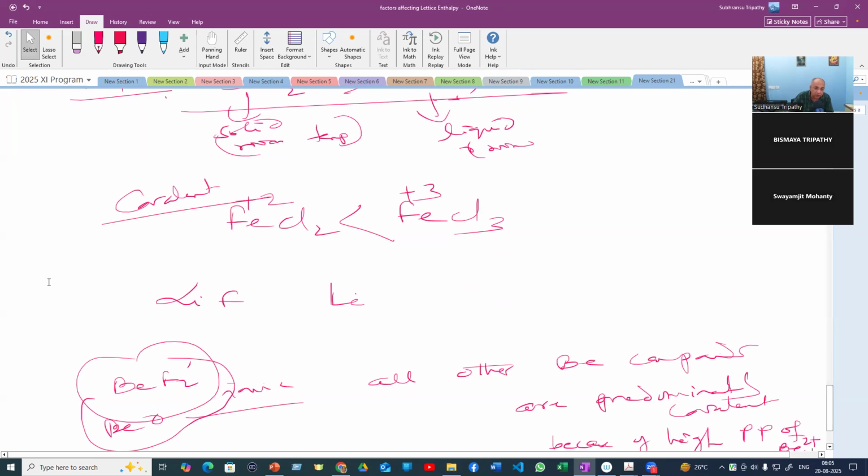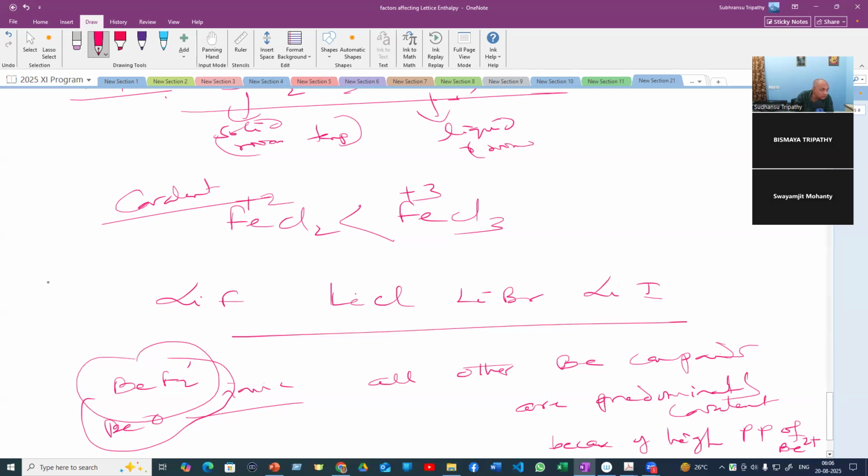Supposing you compare lithium fluoride, lithium chloride, lithium bromide, and lithium iodide. The lithium ion remains the same. Lithium itself has high polarizing power, with appreciable covalent character in all compounds other than fluoride, which is predominantly ionic. Lithium chloride is predominantly ionic, but has appreciable covalent character. In this series, which has the most covalent nature?